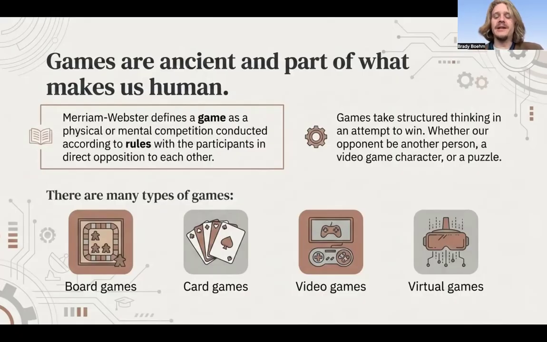Whether this be an opponent that you're facing, be the opponent a person or a video game character or a puzzle. Either way, there are many types of games that people can play and that people have played for centuries, whether it's a board game or a card game or, newer to our time period, a video game or a virtual game.